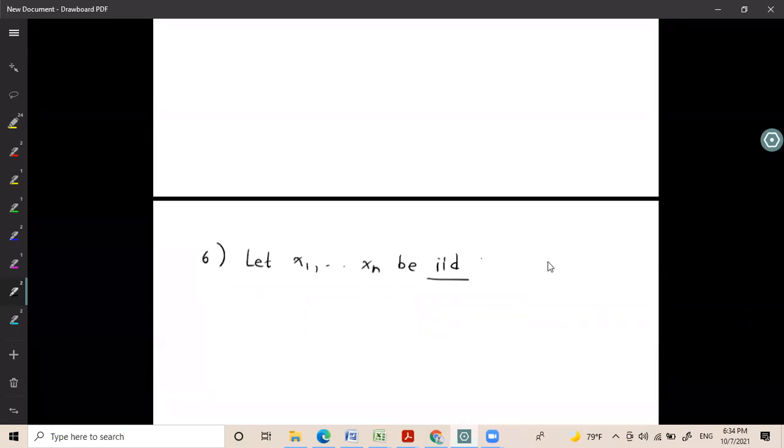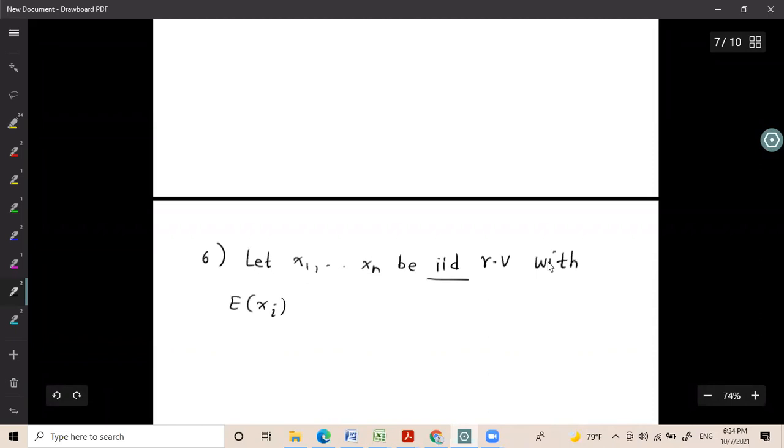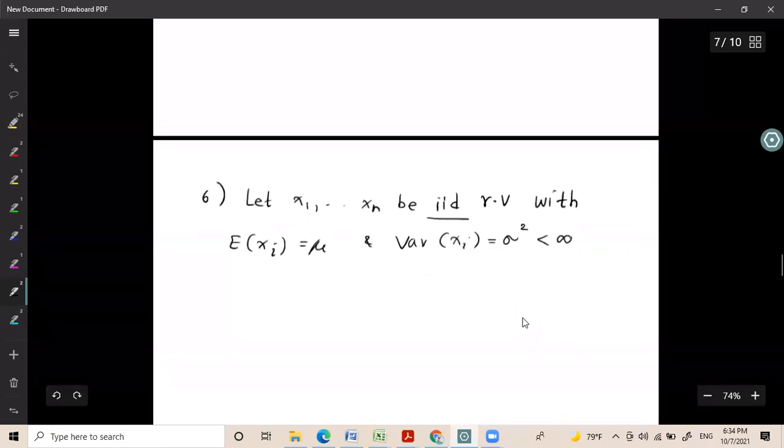IID random variables where the expectation of each of these xi's is mu, and the variance of each of these xi's is sigma square. This is a finite variance, not infinity.